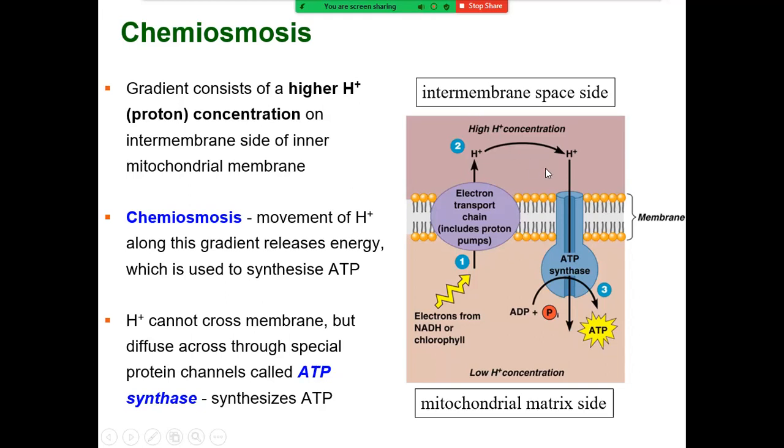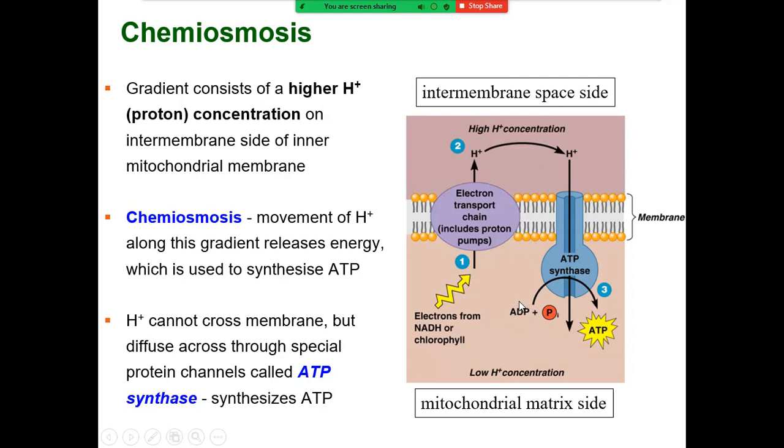The hydrogen ions can only move through this channel protein, and this protein is an ATP synthase enzyme. When the hydrogen ion moves through the channel protein, it gives this channel protein the energy it needs to phosphorylate ADP and make ATP. Any questions about that?